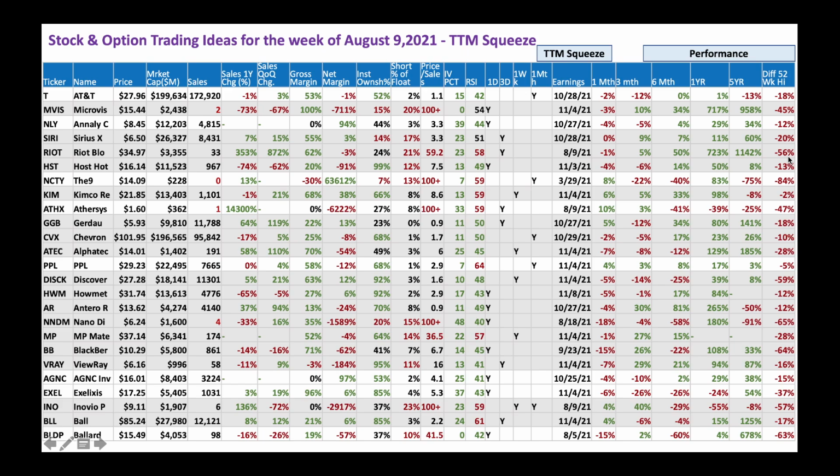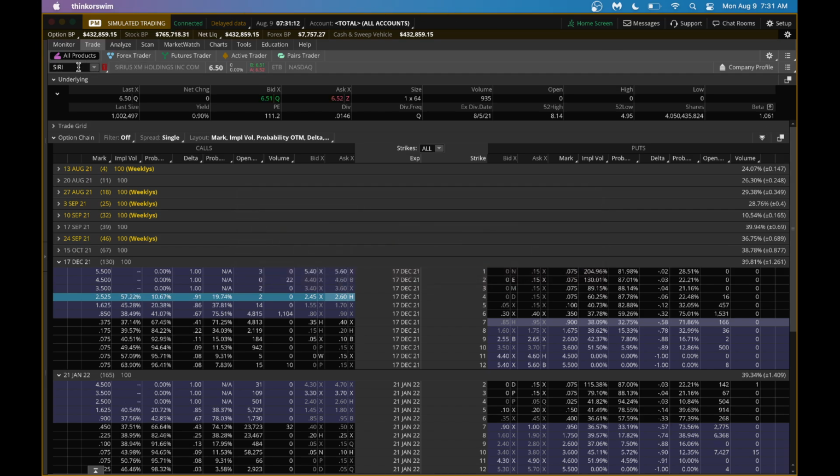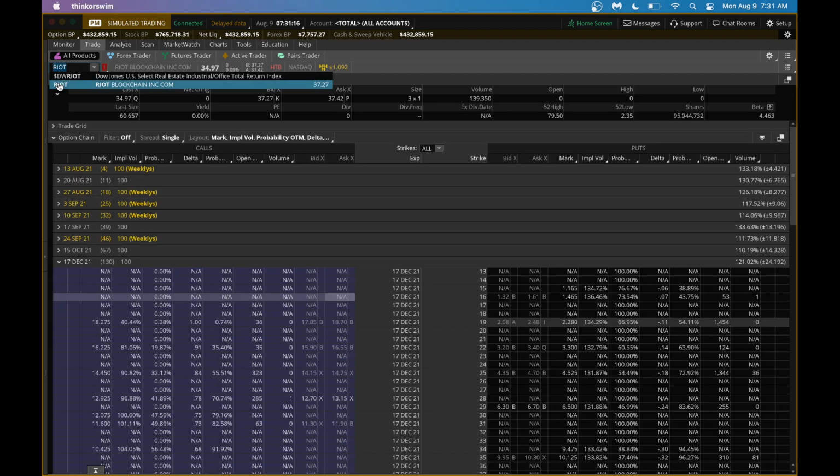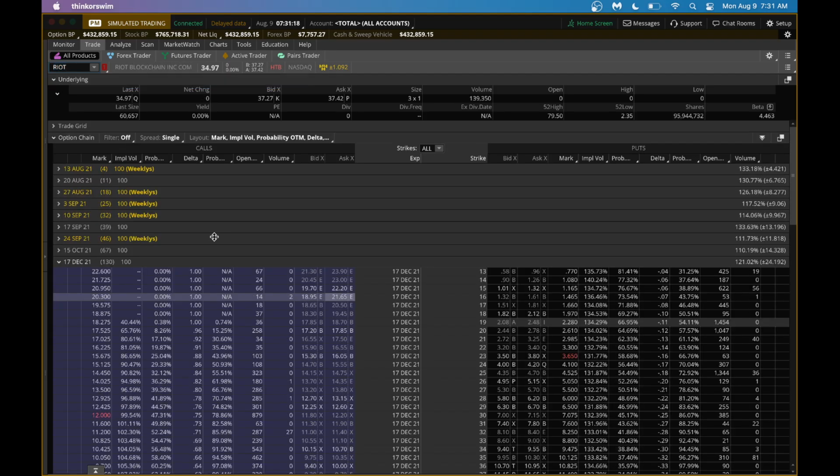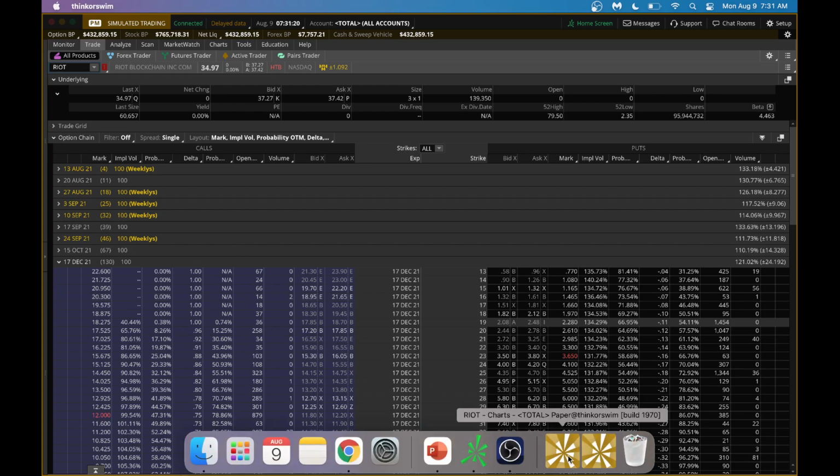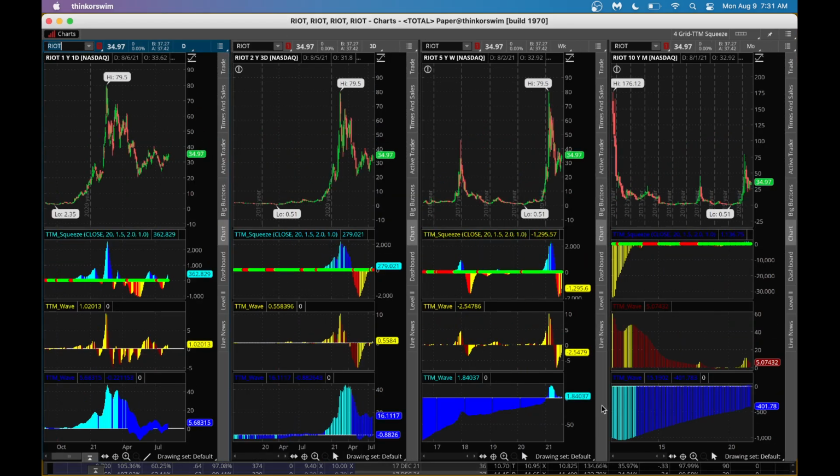So if you look at Riot Blockchain, go back to Thinkorswim here for RIOT. So as you can see here, let's go back to the Squeeze Chart here. As you can see, Riot Blockchain stock has clearly been obliterated in the shorter term with all this crypto news and issues around China cracking down on crypto and whatnot.